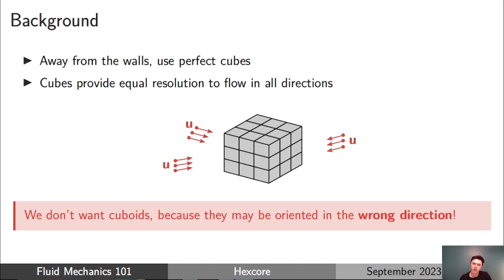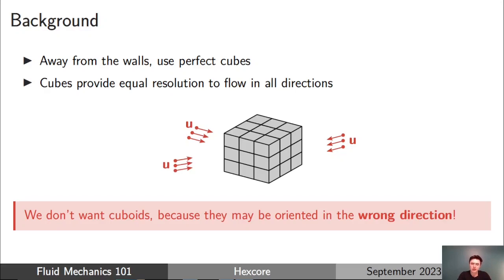And generally, when we're away from the wall, we actually don't know what the flow direction might be. And of course, if you're near the inlet of your geometry, you may know the direction that the flow is coming, and so cuboids might be fine for that particular area. But in general, for a general geometry, when you're away from the wall, the flow could be going in any direction and you may have strong gradients in any particular direction.